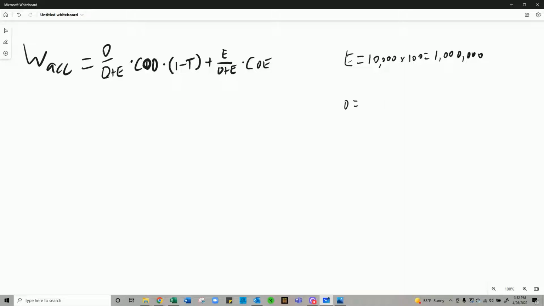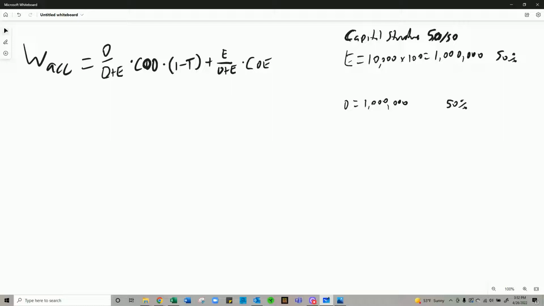We went to the bank, we got a loan, we borrowed $1 million. So our capital structure here is 50% equity, 50% debt.